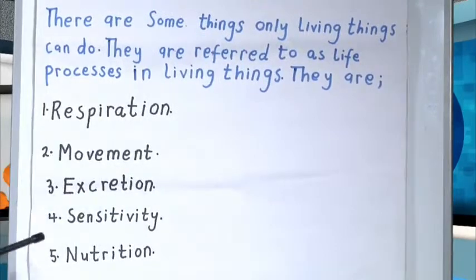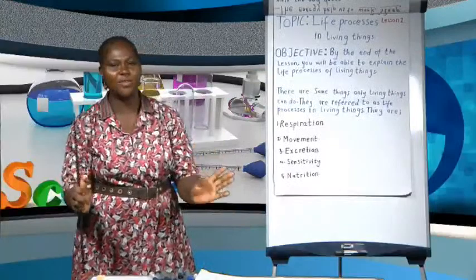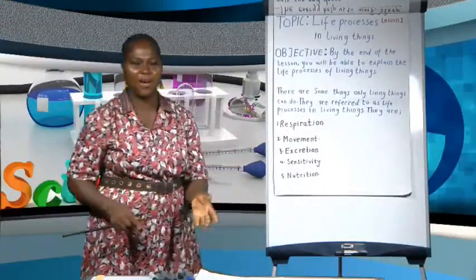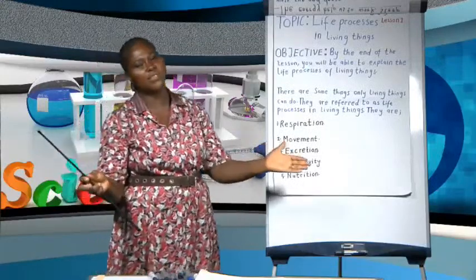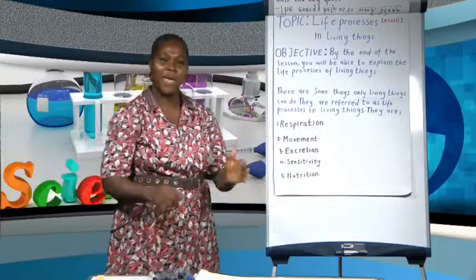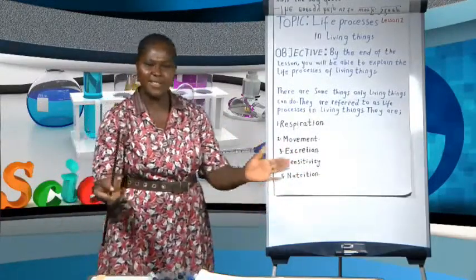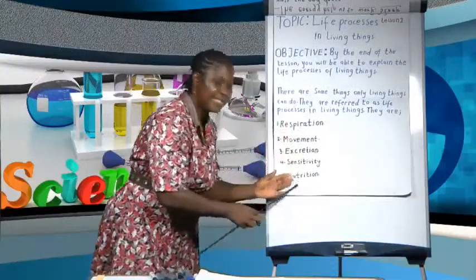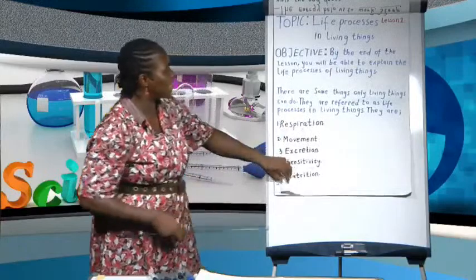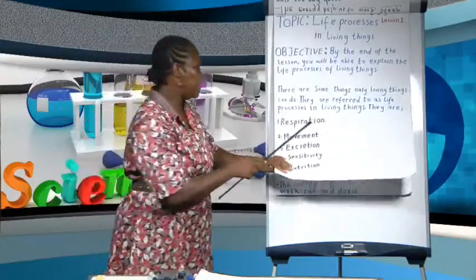Now these things, non-living things cannot do. They cannot do at all. Now some of the non-living things are what? Stones. We have papers, buildings, and these cannot perform these activities. We are coming to look at respiration as a topic.